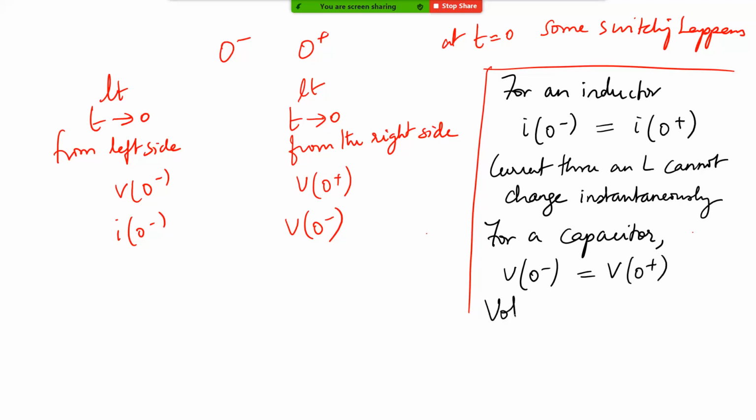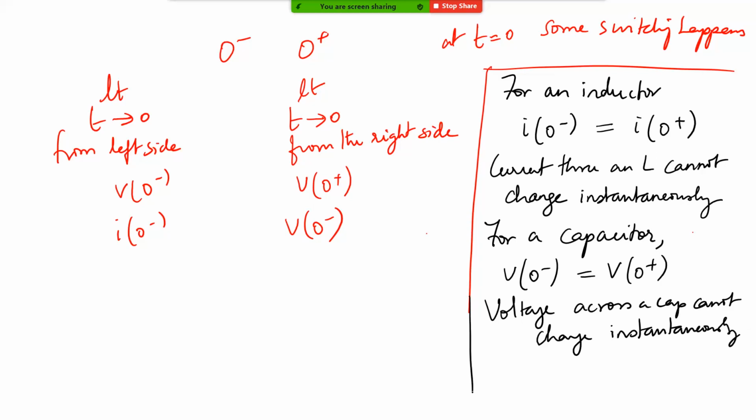Correct. So the voltage across a capacitor cannot change instantaneously. Of course, the current through a capacitor can change, but the voltage cannot instantaneously change.